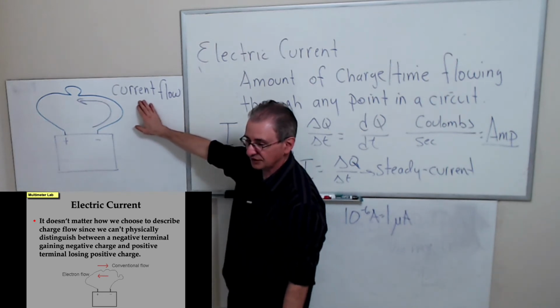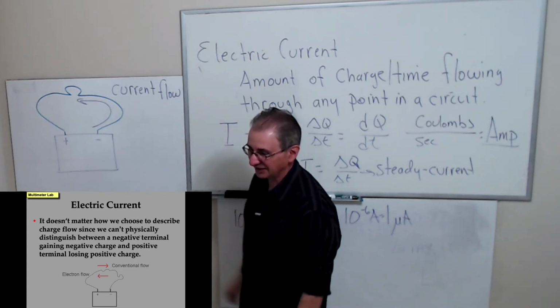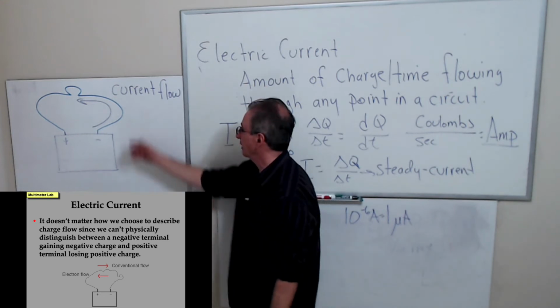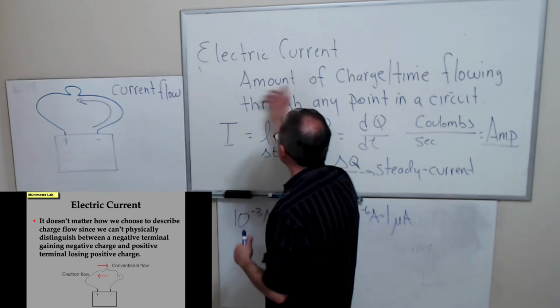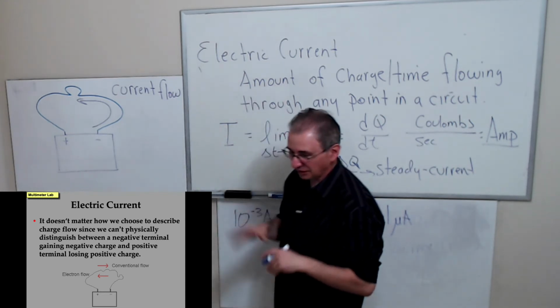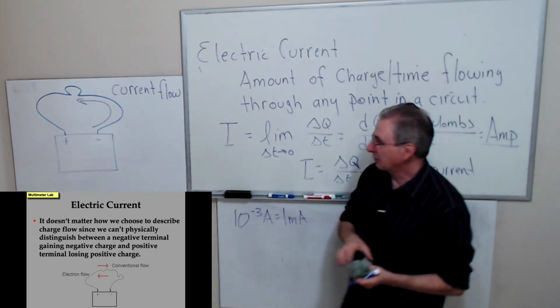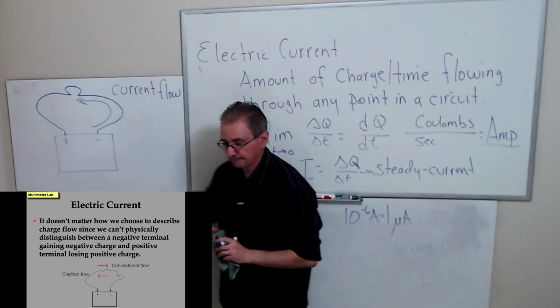But all physicists say this, even though it's redundant. It's very hard not to say this. Really we shouldn't be saying current flow, we should be saying charge flow. This is redundant because current is charge flow. Okay, but your book makes that point. So anyway, going back, whether we use conventional flow or electron flow, it doesn't matter.